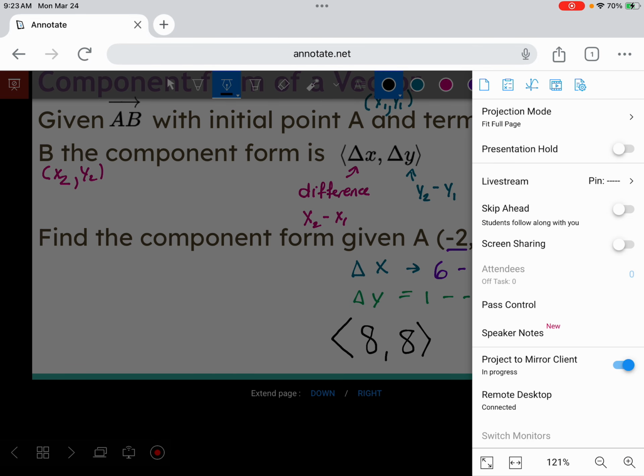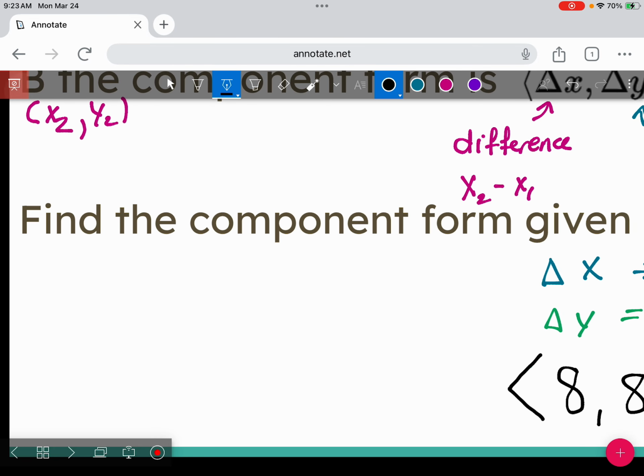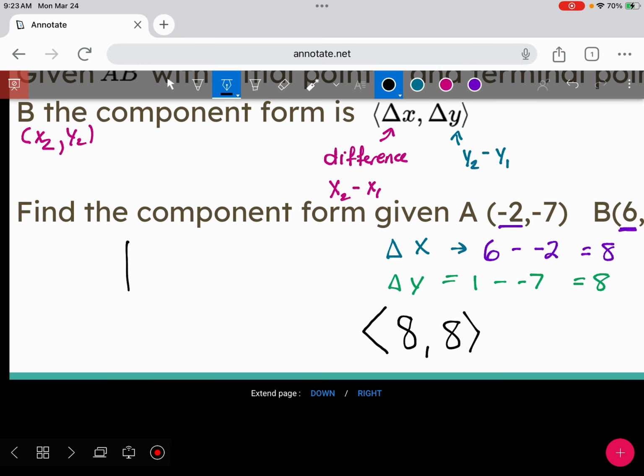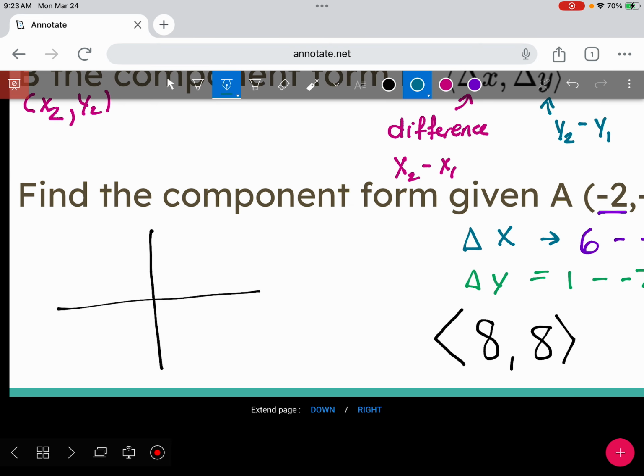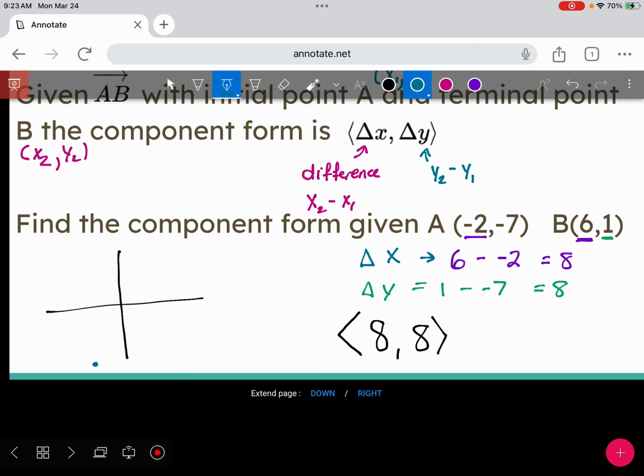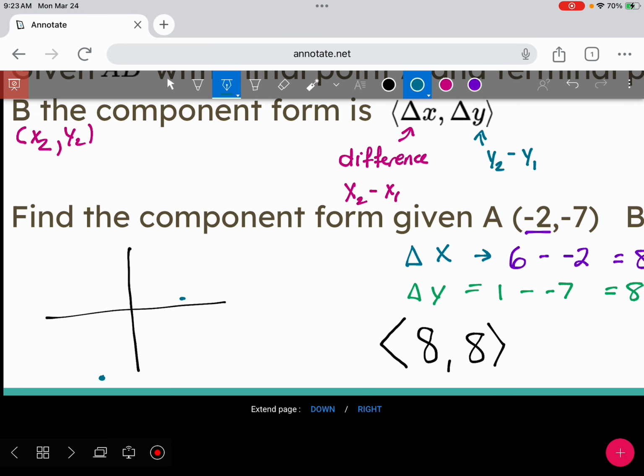It's weird. What this means is if I had a graph, so you don't have to plot this up, but if we had it, and I had a point at negative 2, negative 7, over here, up to 6, 1, this vector, this is the one we were given, our initial side to terminal side.